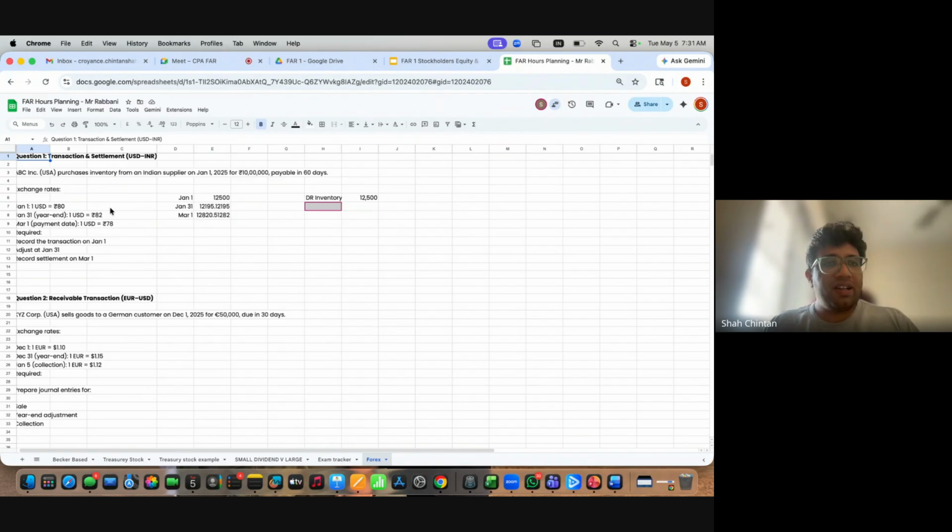So the first entry: debit your inventories, credit your accounts payable, $12,500. Second entry: debit your AP, because it's a gain. You are going to pay a lower amount to your accounts payable, so foreign exchange gain, and the amount will be 12,500 minus 12,195.